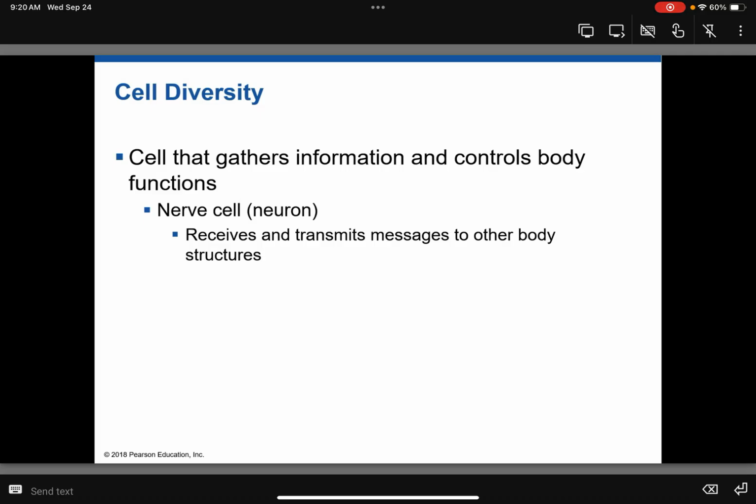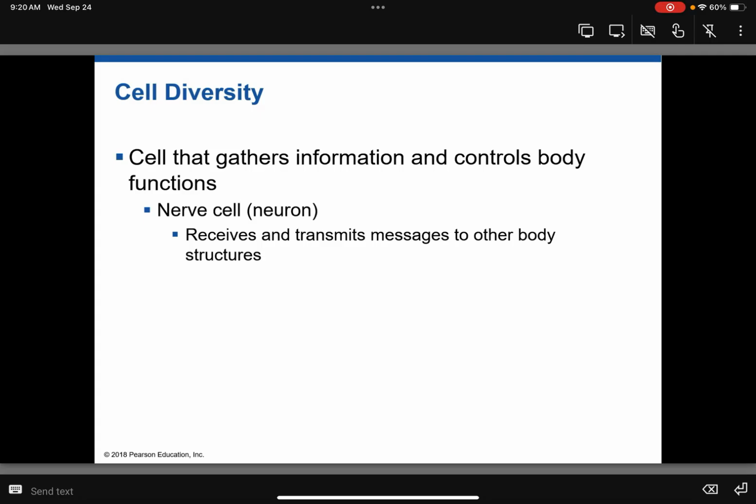Cells can gather information and control body functions. This is a nerve cell. This is what this blue cell on the board is. It is a nerve cell. Nerve cells are also called neurons. And they are essential in sending messages to and from our central nervous system.